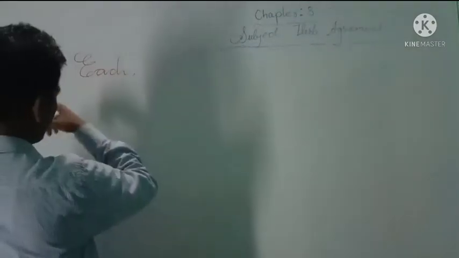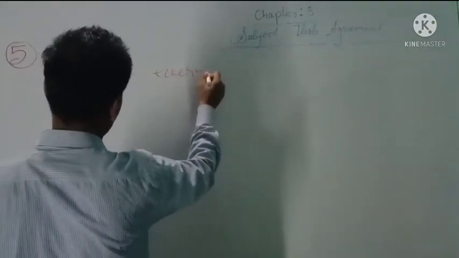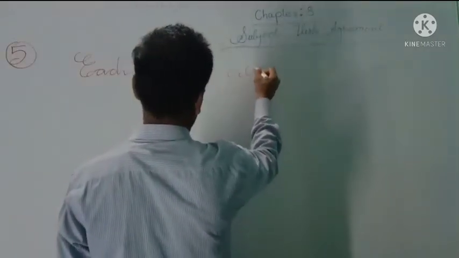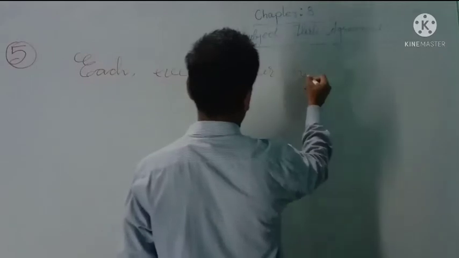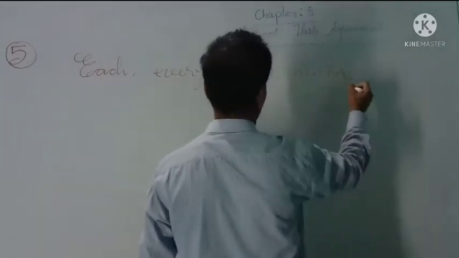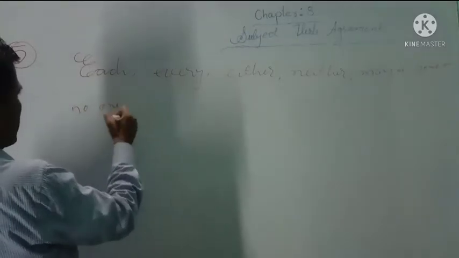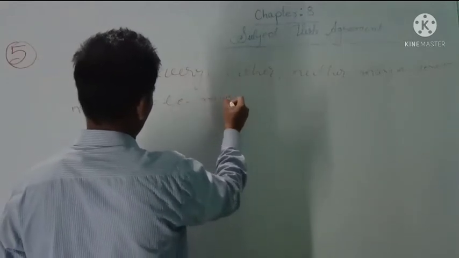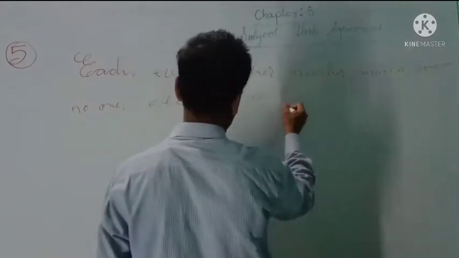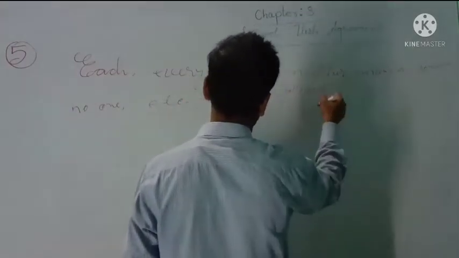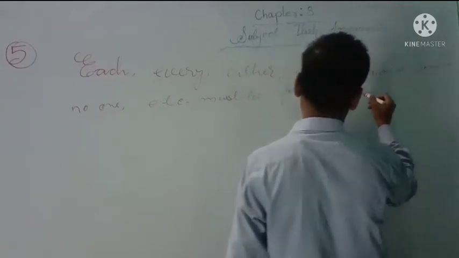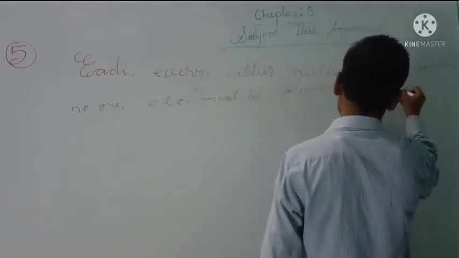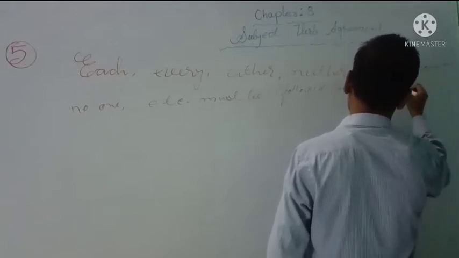Rule number 5: each, every, either, neither, no one, etc. must be followed by a singular verb.